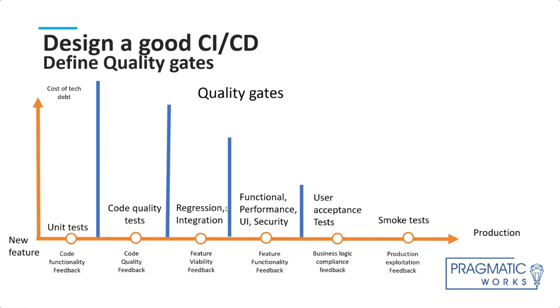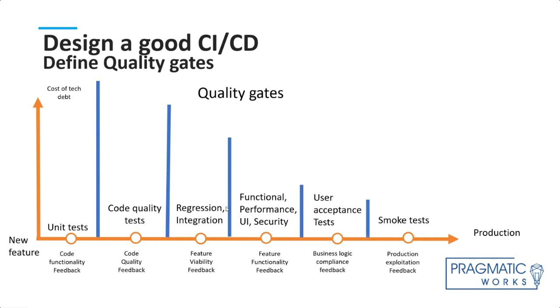Then we have functionality, performance, and UI testing, which can be done at a specific time of your project, and you don't need to pay much attention to them at the earliest stages when you're starting your greenfield project. But in the future, those are also important to achieve good quality.